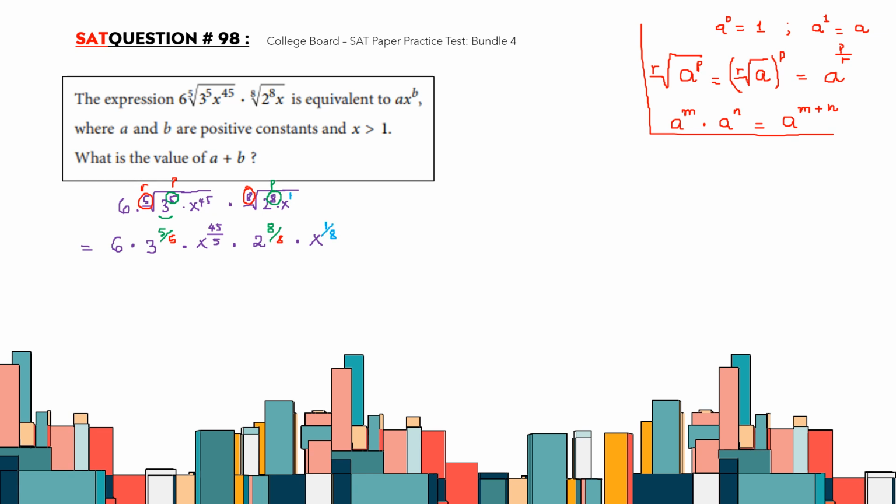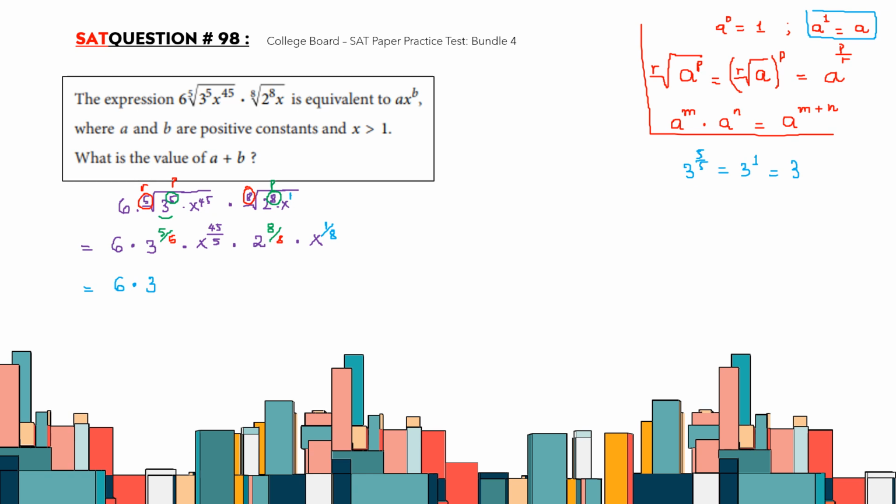Now we simplify. This equals 6 itself, times 3 to the power of 5 over 5, which is 3 to the power of 1, that is 3.